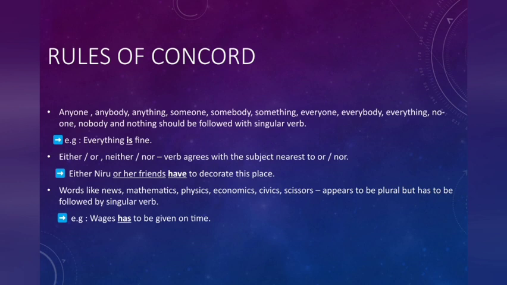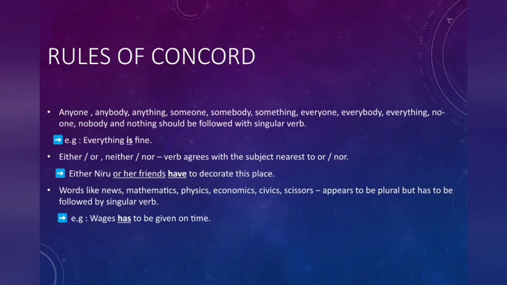Next rule is either or, neither nor. If a sentence contains either or, neither nor, we have to see the subject nearest to or or nor. Depending on the subject nearest to or or nor, we are going to use a singular verb or a plural verb.